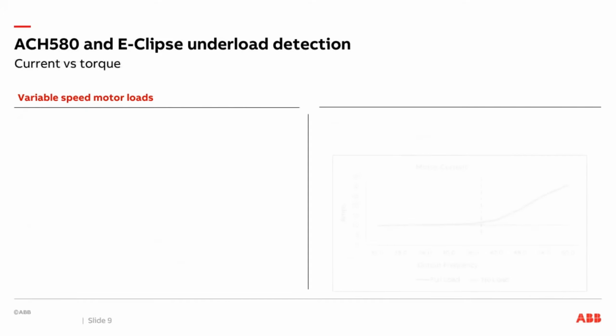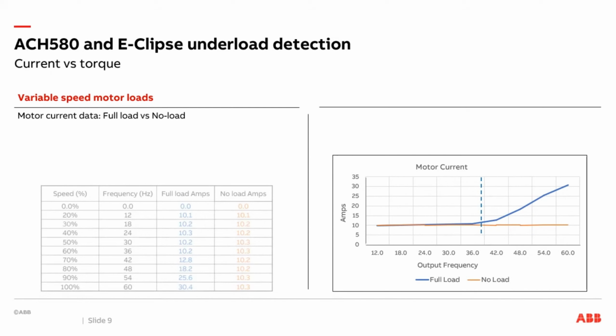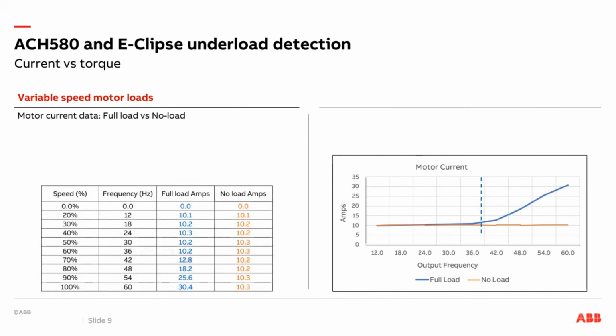This graph provides a better detail for our load profiles. Percent speed is now shown as frequency, and the table on the left shows the data used to create the graph. An arrow shows the point where load and no load currents are measurably different.